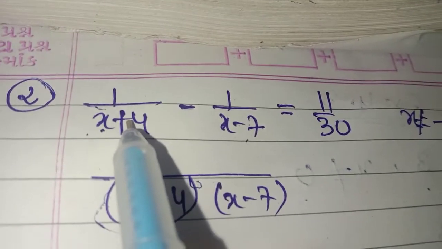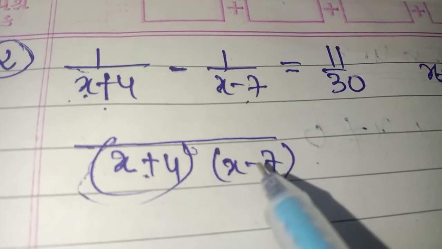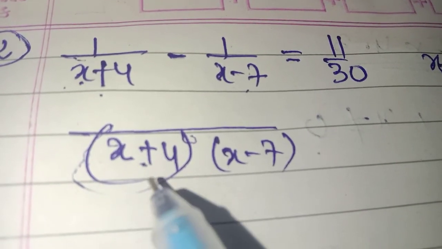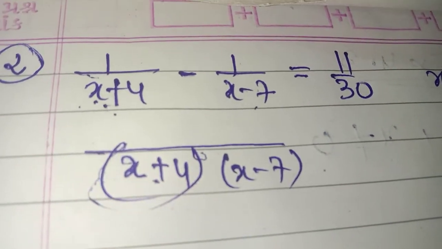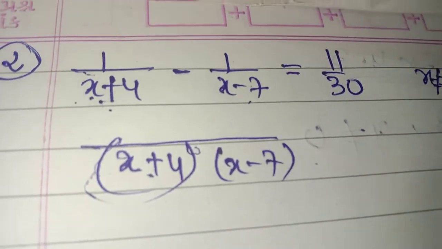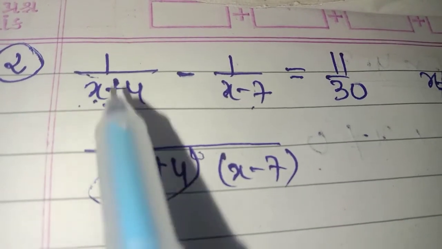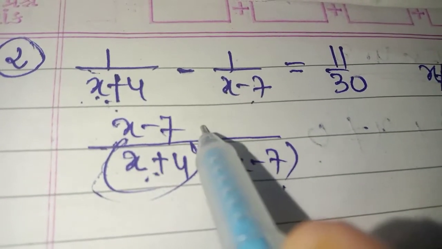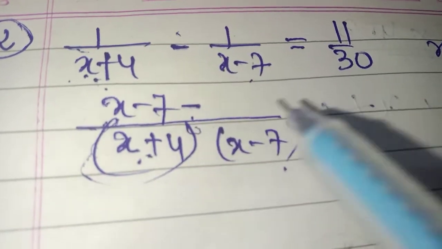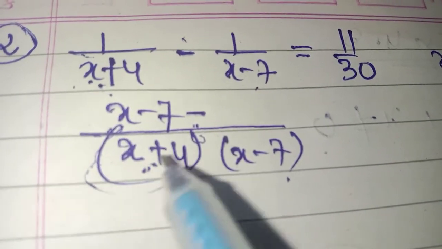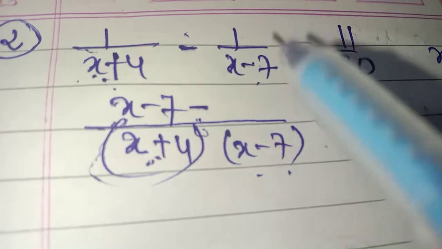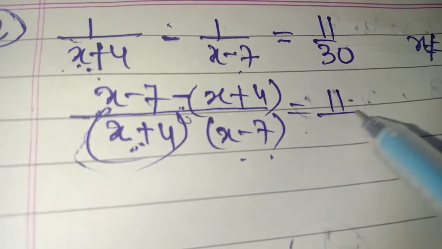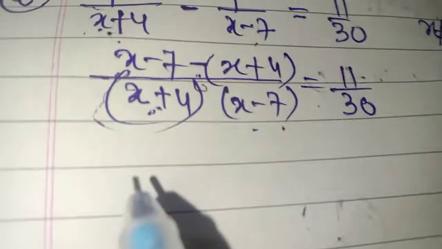So see, x plus 4 and x minus 7 is divided by x plus 4 first, to get the terms in your numerator. So x plus 4 will be cancelled. I will write here x minus 7. Then I will put a minus sign here. Be careful, it is a minus sign. Once again I will divide x plus 4 x minus 7 by x minus 7. So it is x plus 4, is equal to 11 by 30. Clear?